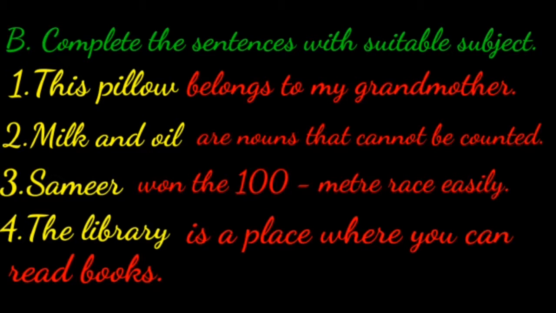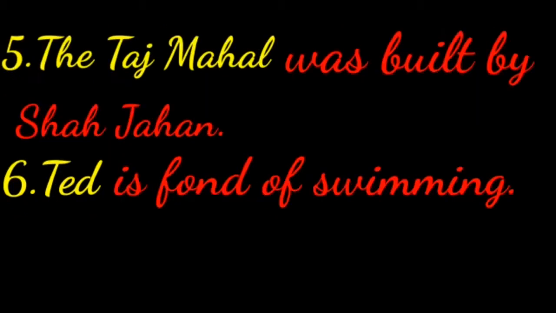I repeat, the library is a place where you can read books. So, in this sentence, library is the subject. Now, fifth one. The Taj Mahal was built by Shah Jahan. I repeat, the Taj Mahal was built by Shah Jahan. Here, Taj Mahal is the subject.